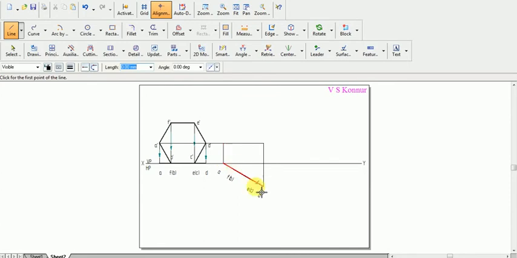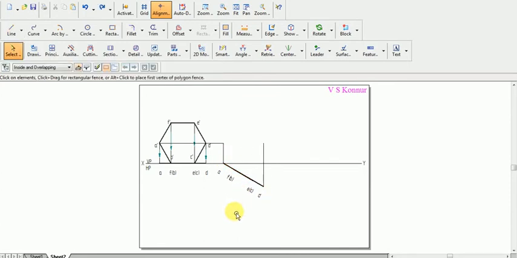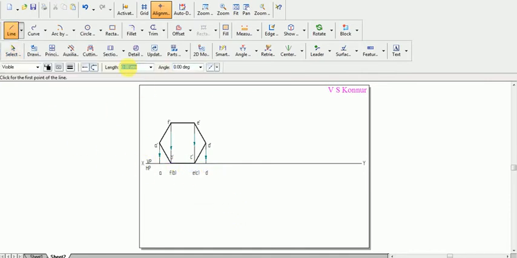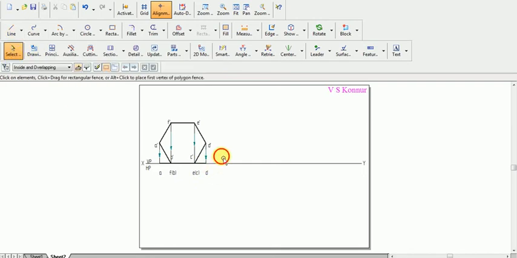Because of this problem, one more thing I would like to explain. Just go back, and instead of drawing one complete line, draw lines with 0.5 mm from endpoint to endpoint, meaning separate lines have been drawn. Now you can move this.